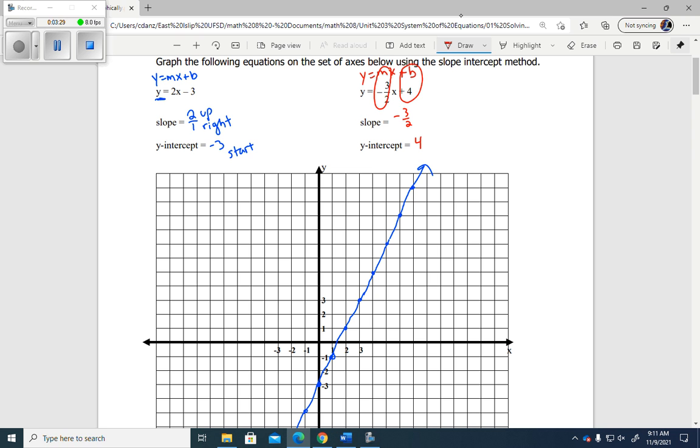So let's start at 4. And now that our slope is negative, let's go down 3 and right 2. Remember, we always go to the right. Positive means go up, negative means go down, but we always go over to the right.